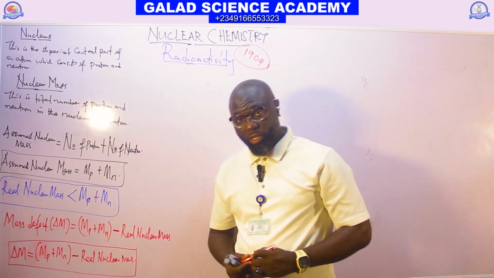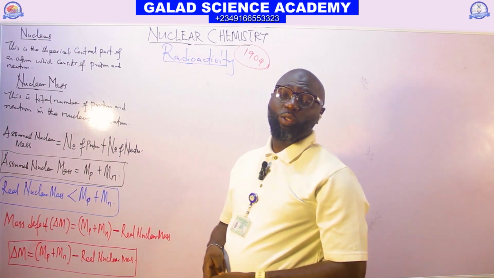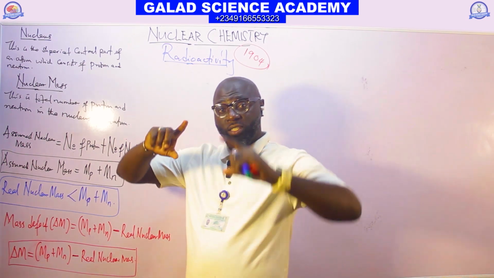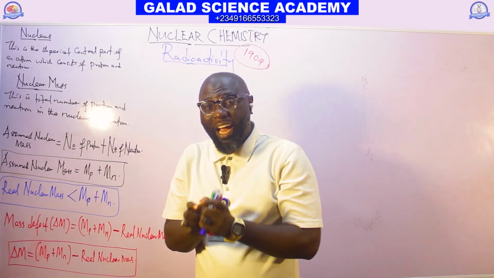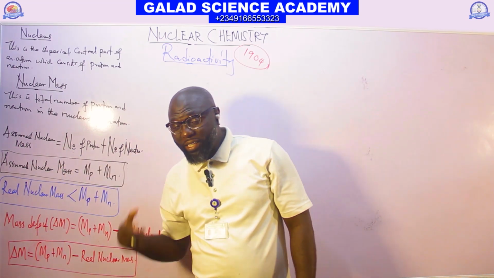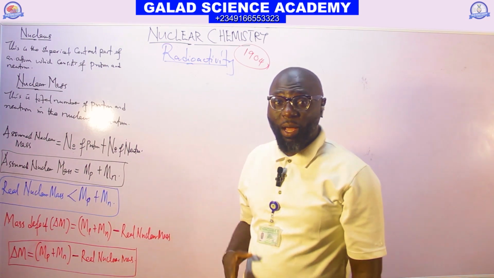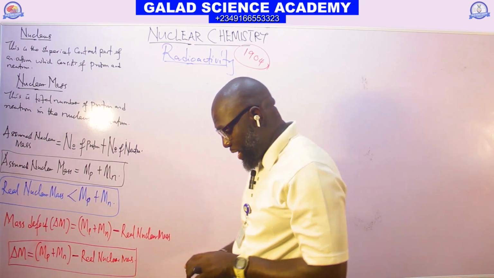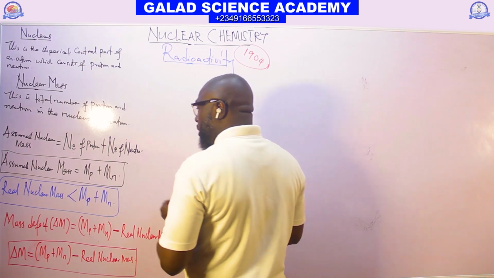In short, nuclear mass simply means the total number of proton and neutron in the nucleus of an atom. And the mass defect of an element can be determined by a mass spectrometer.